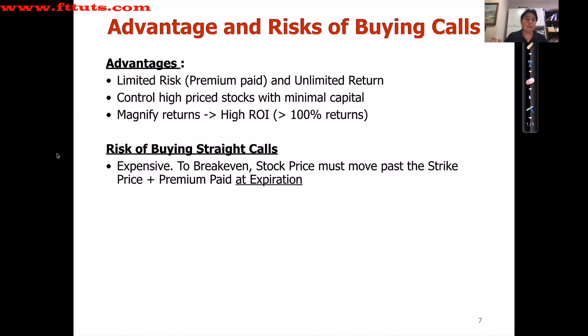So again, to get over this disadvantage, we ideally want to buy calls when we are really sure the price will move up fast in a short period of time, so we can exit and take our profit before expiration. Remember, the longer we wait to expiration, the harder it becomes to break even, because there's no more extrinsic value left in the option we have bought and it becomes worth less and less.